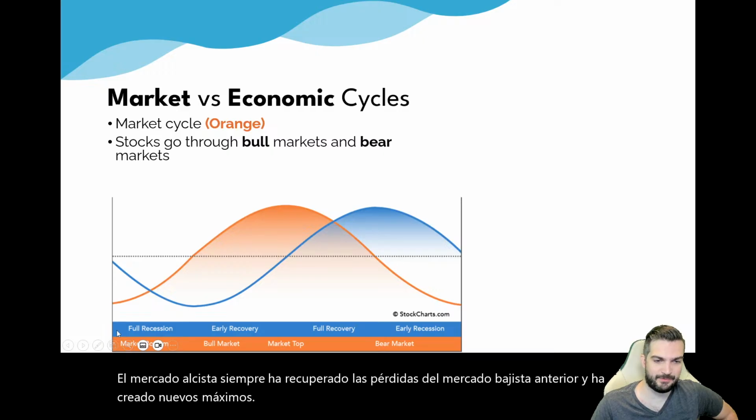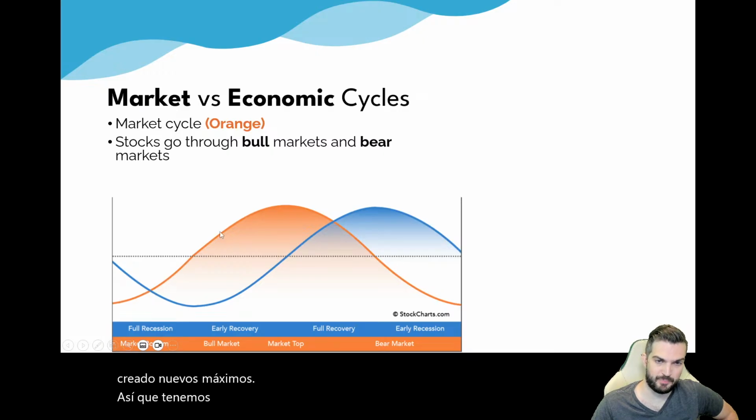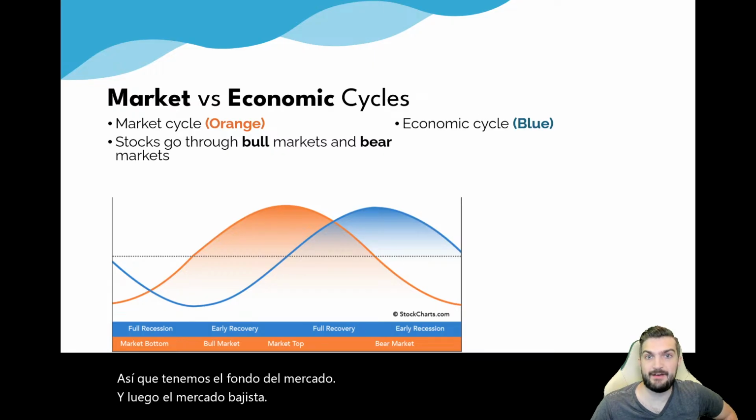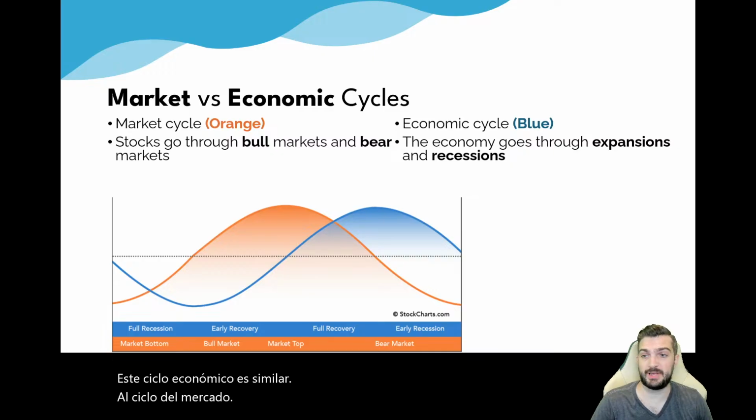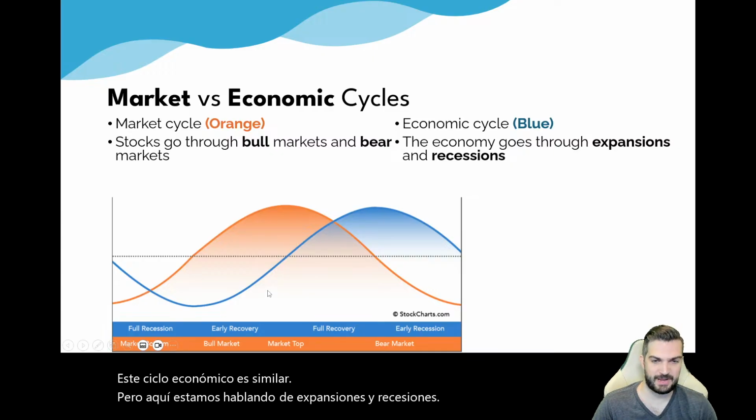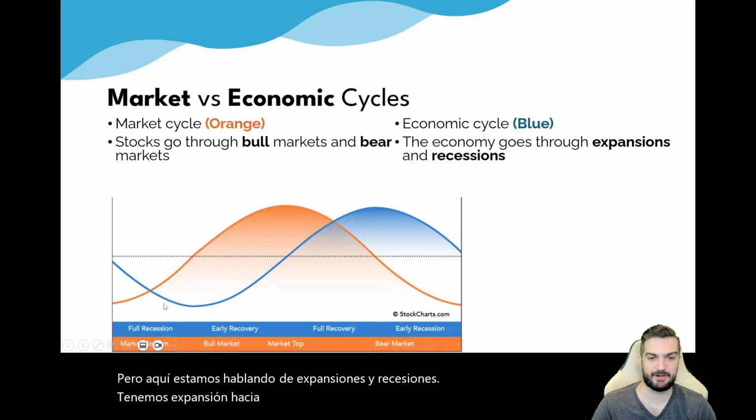So we have the market bottom, bull market, top, and then bear market. In blue, we have the economic cycle.